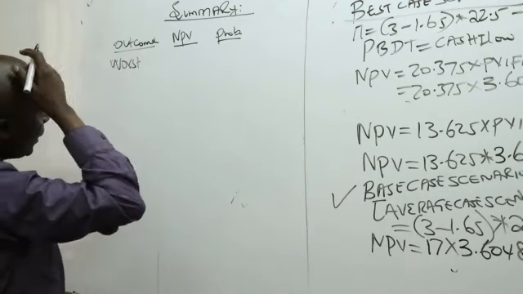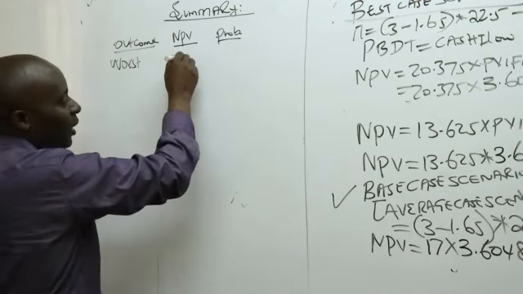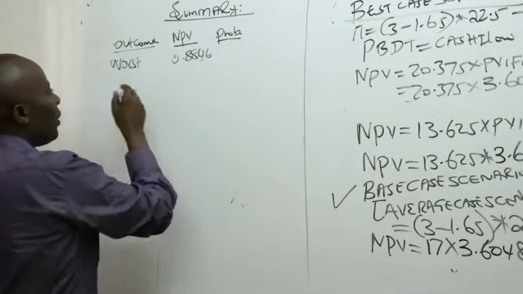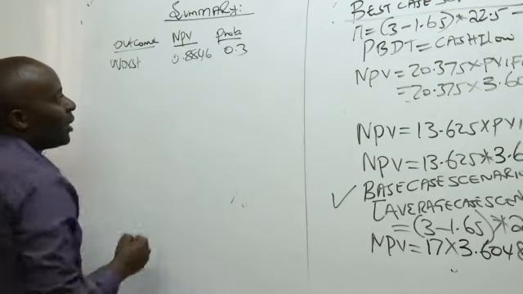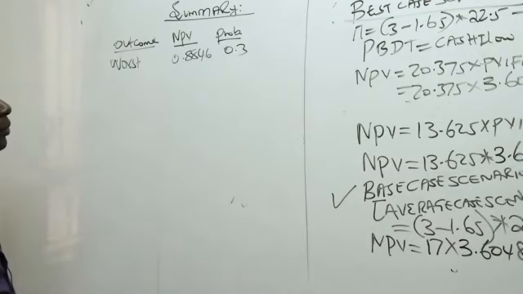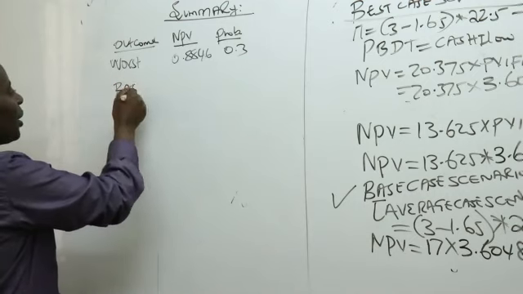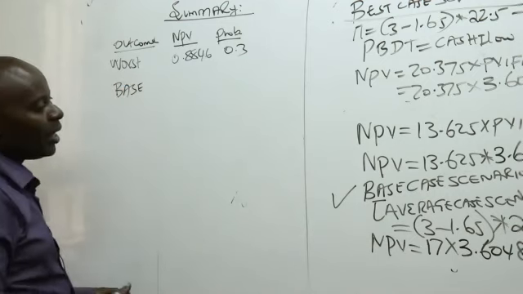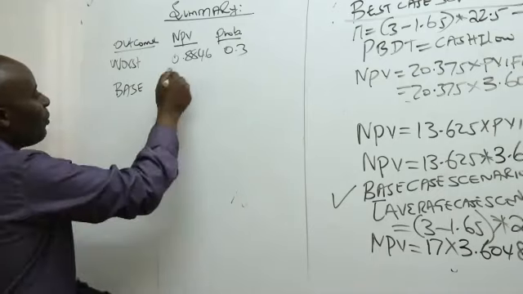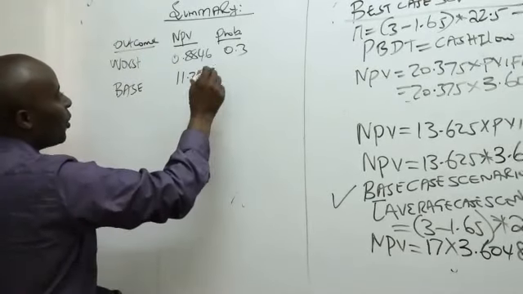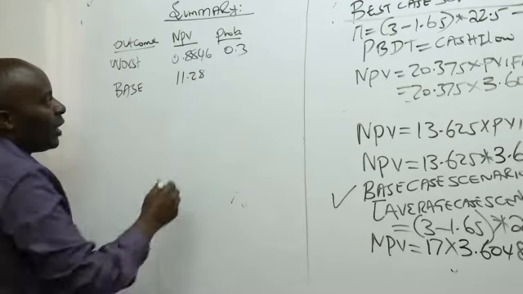Worst is the one that gave us an NPV of 0.8846. Then we have, of course, the probability of the worst occurring is 0.3. And then we have here the base. The base, we got an NPV of 11.28, and the probability here is 0.5.